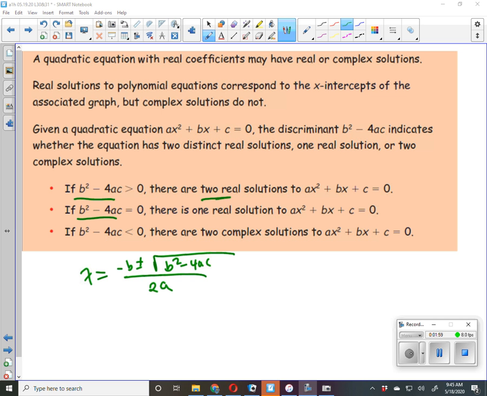If that number under the radical is equal to 0, then you're only going to have one real solution. If by chance this turns out to be negative, you know you're going to have an imaginary number, or two complex solutions. Notice that these always come in pairs. You will never just have one. They come in pairs. That will be important later. Just stick it in the back of your head.